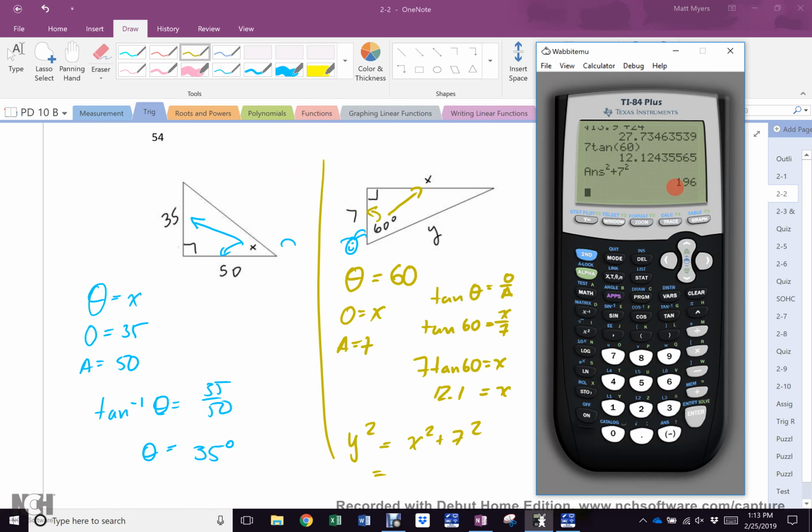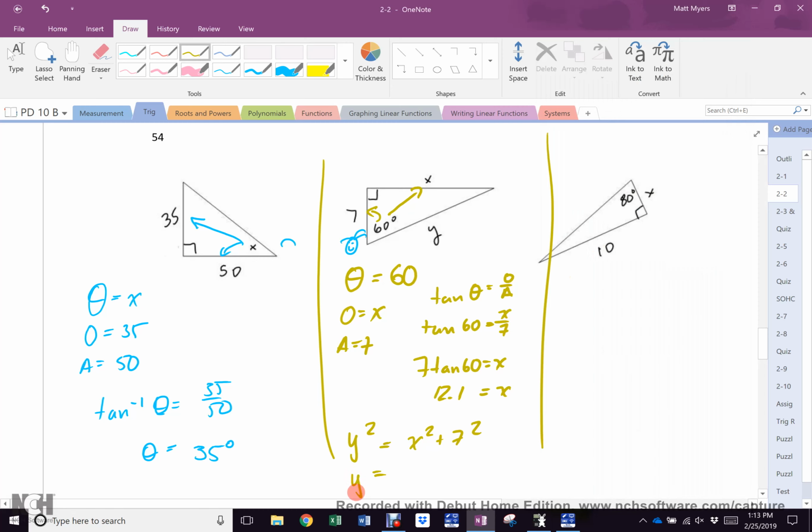And then what do I do? I square root that, and y squared equals 196, so y equals 14. And those are the two answers there.